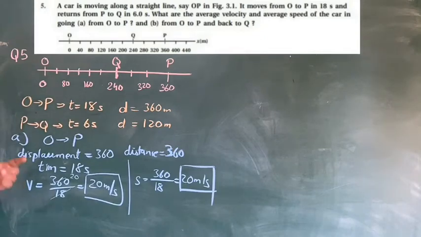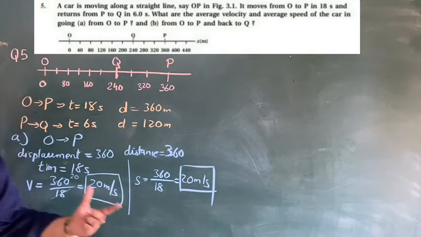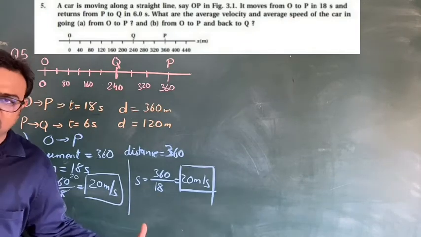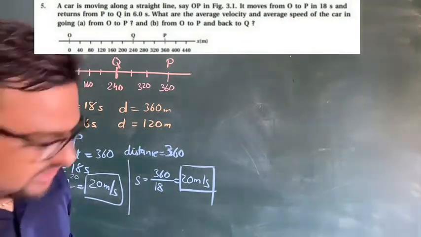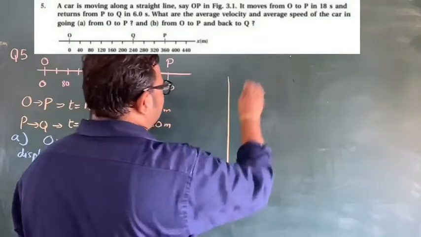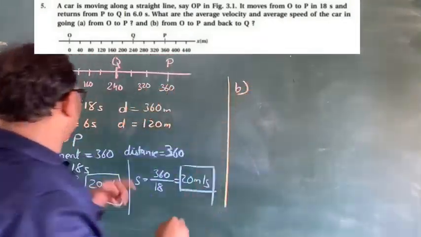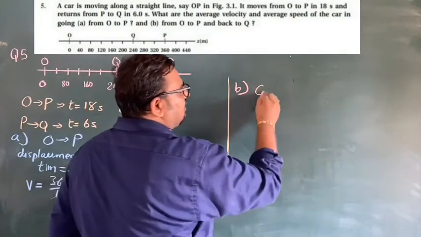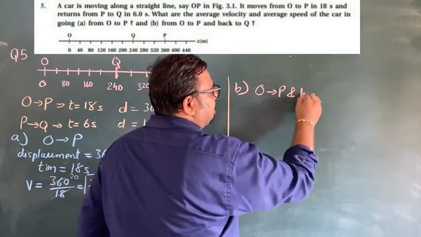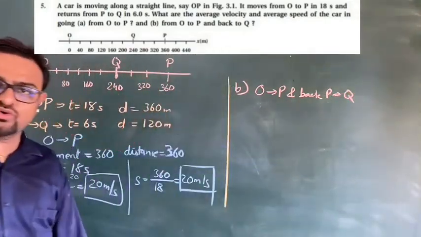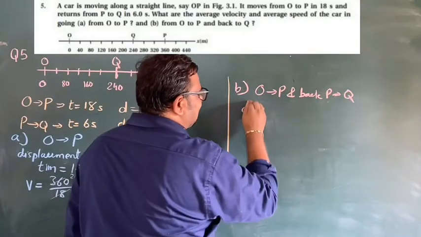So in the first case, from O to P, velocity and speed both are the same. Now let's move to the next one, that is B, from O to P and back, P to Q. So now first, what is displacement?